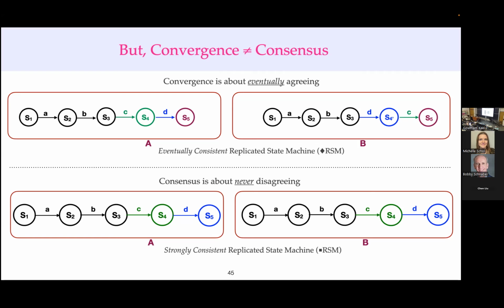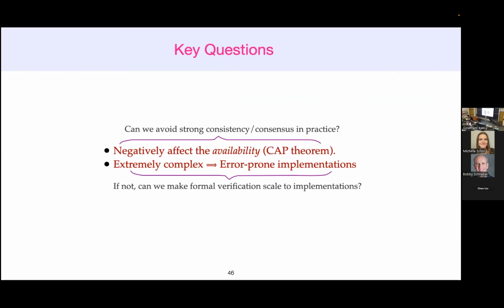You want consensus in places where your data is critical. For example, let's say you're maintaining a bank account and the bank balance has to be strongly consistent because you cannot have diverging bank balances and double spending errors, right? So convergence is not consensus, and consensus is generally implemented separately from convergence using the protocols that I mentioned earlier, right?